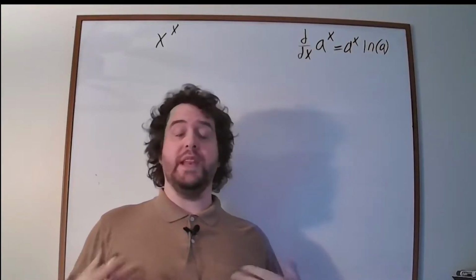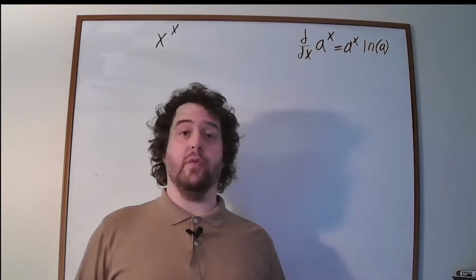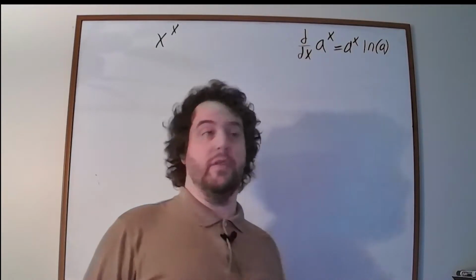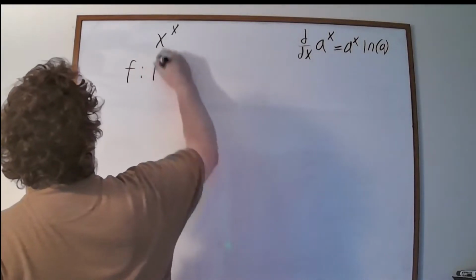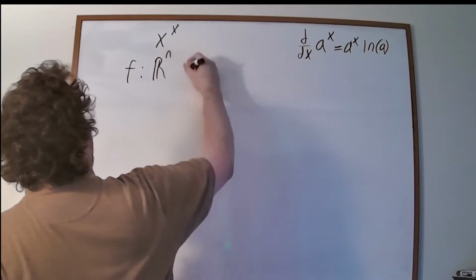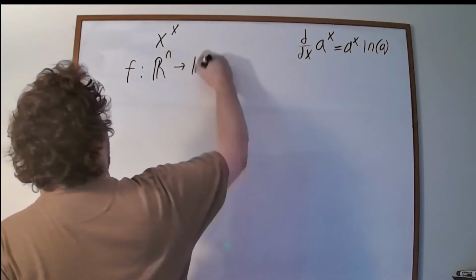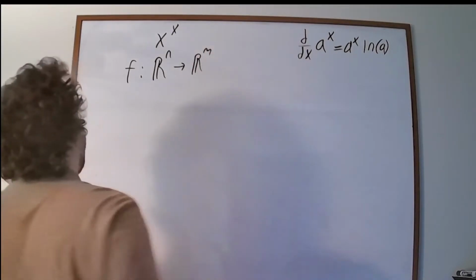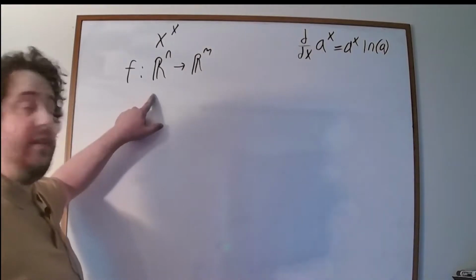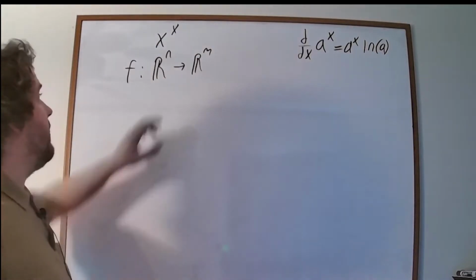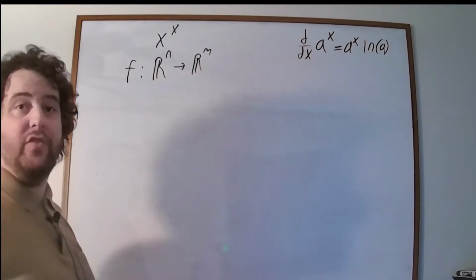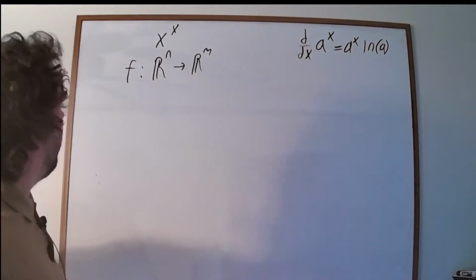But first, we need to talk about what it means to take the derivative of a multivariable function. Suppose that we have some sort of function, f, that takes in elements of R^n and outputs elements of R^m. That is to say that the inputs to the function are n-dimensional vectors of real numbers, and the outputs are m-dimensional vectors of real numbers.